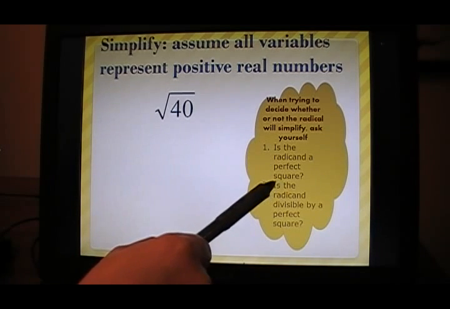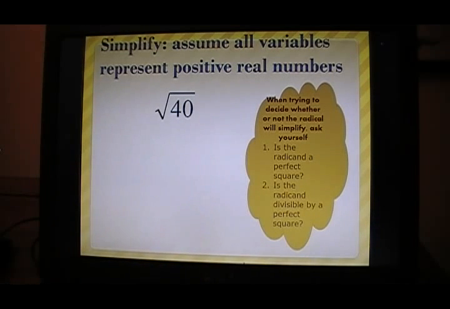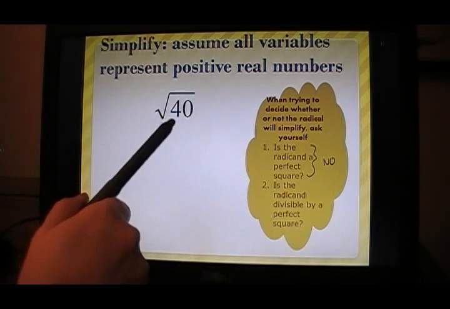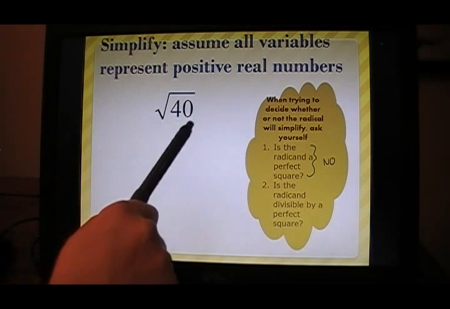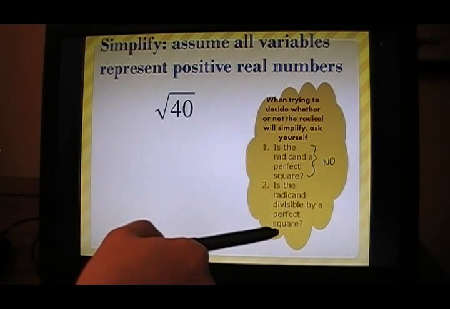Is this a perfect square? No. Okay? This is not a perfect square because there does not exist a number I can multiply twice to get 40. Then I say, well, okay, it's not a perfect square, so I cannot just evaluate, but can I simplify? Is this radicand divisible by a perfect square?